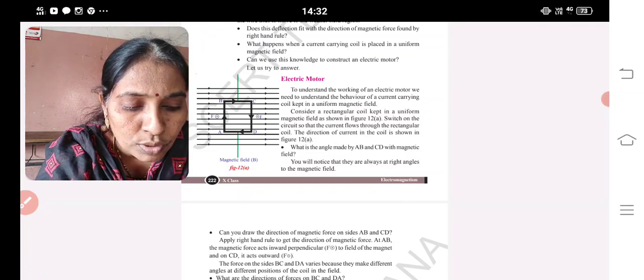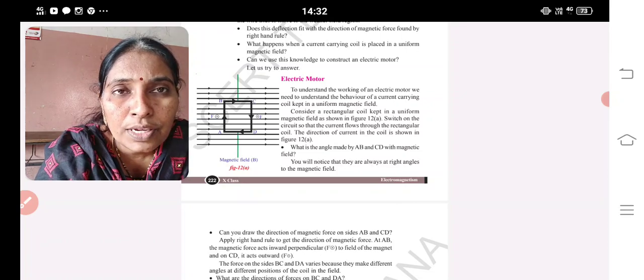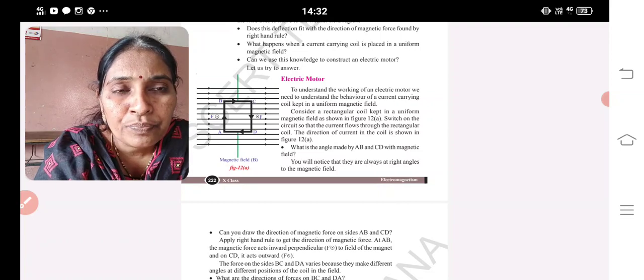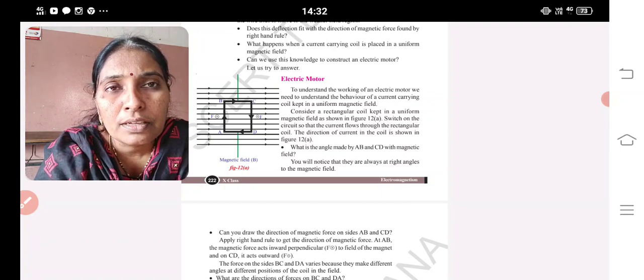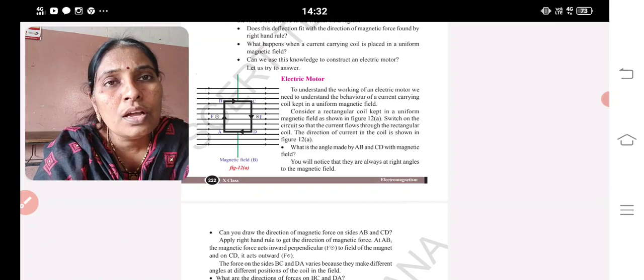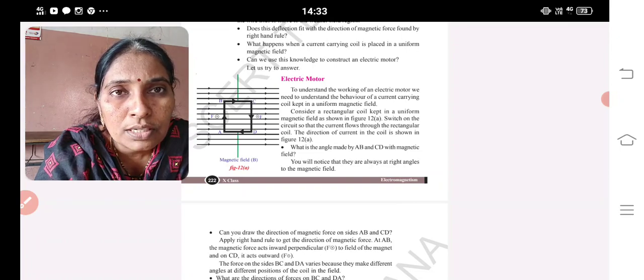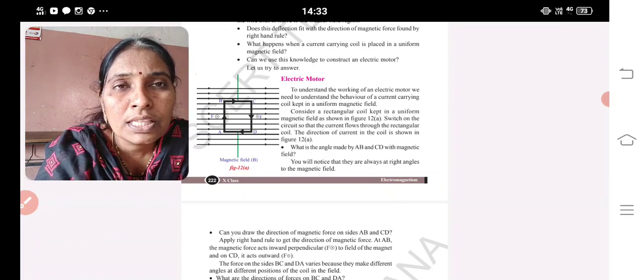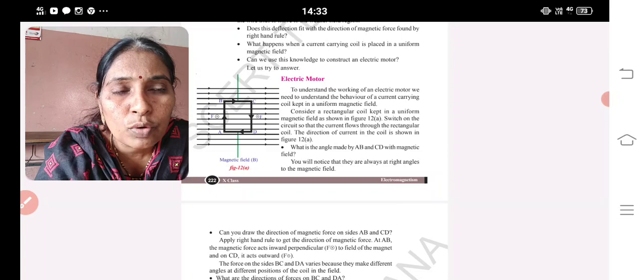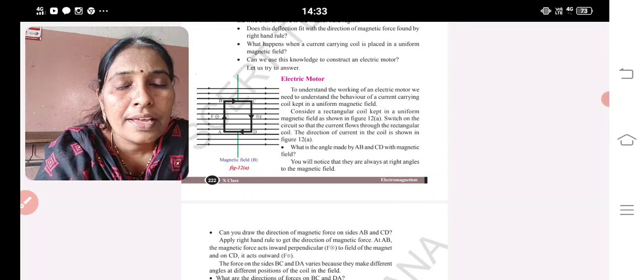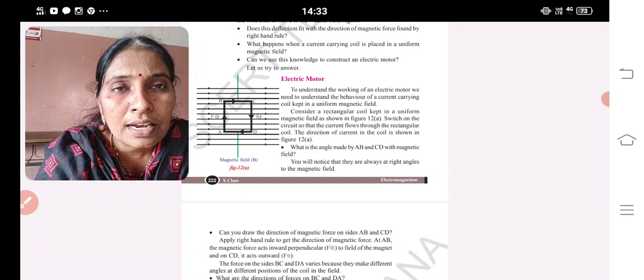We discussed that around an electric field a magnetic field develops, and around a magnetic field an electric field develops. Based on this, a special branch developed, called electromagnetism. An electric motor works on the principle of electrical energy converted into mechanical energy, and generators are devices which convert mechanical energy into electrical energy.